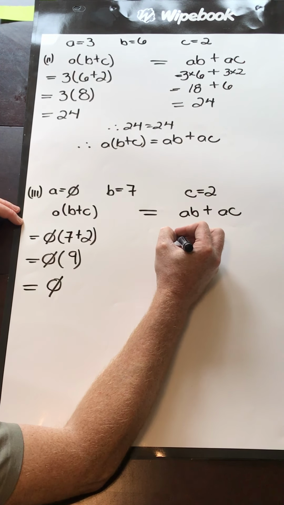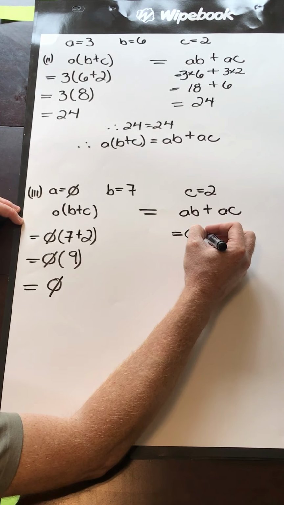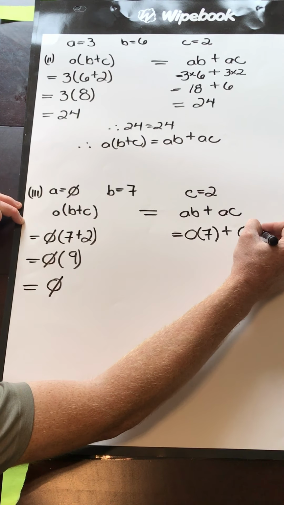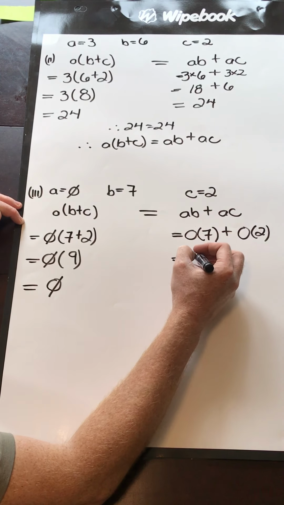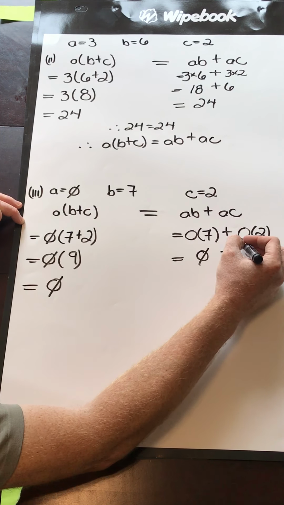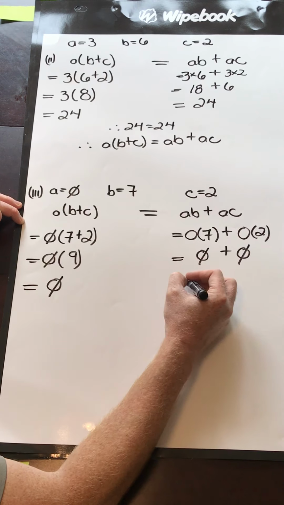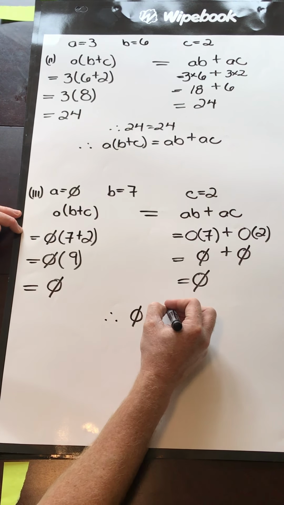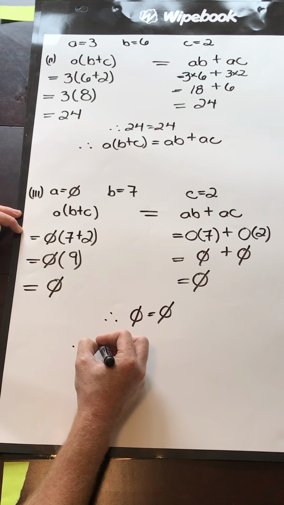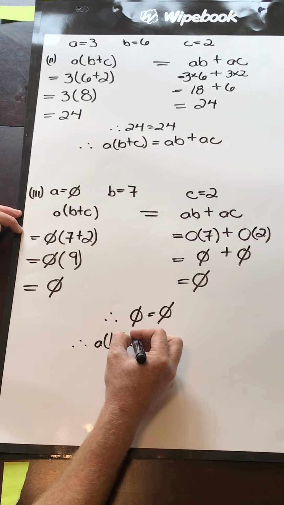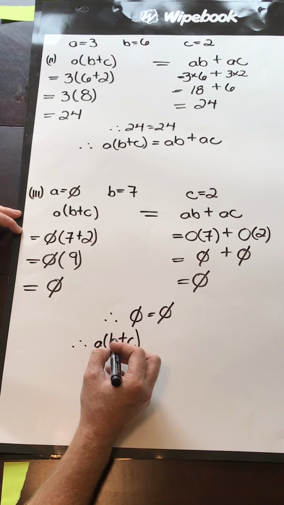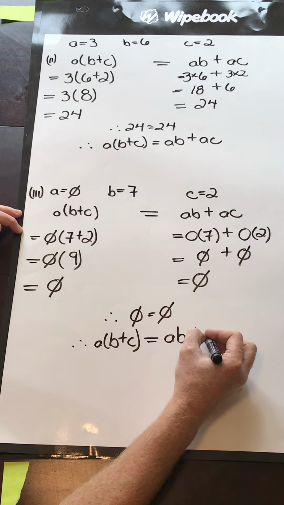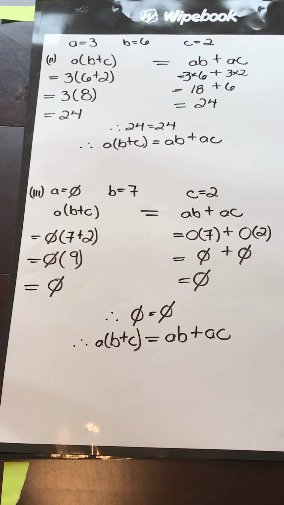Okay, on this side, I have 0 times 7 plus 0 times 2, and 0 times 7 is 0, plus 0 times 2 is 0, and I get 0 again. So now I have, therefore, 0 is equal to 0. Therefore, A times bracket B plus C is equal to A times B plus A times C.